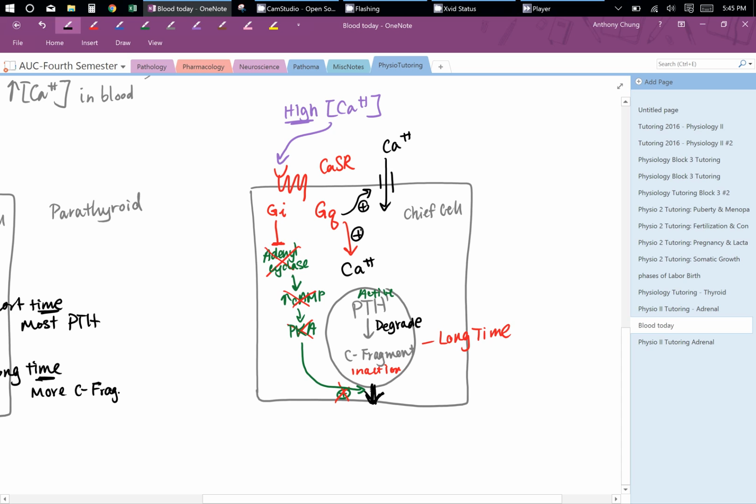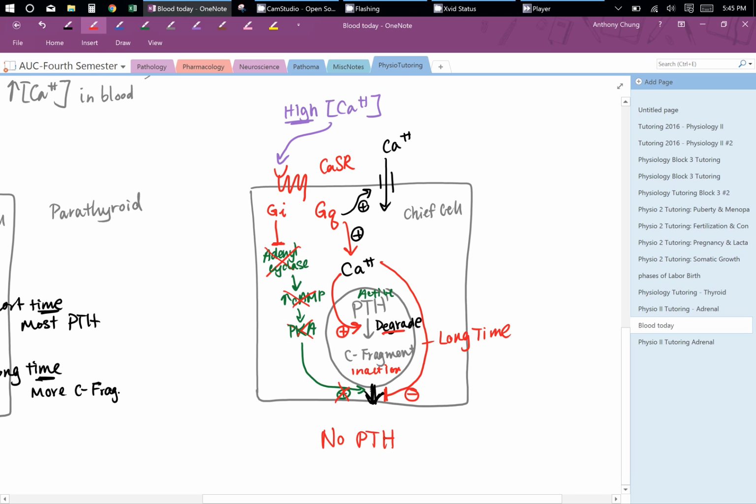And calcium will actually increase this process even further. So there will be more degradation, and calcium is going to further inhibit the release of the vesicle. So under a high calcium situation, you won't have much PTH release. So essentially no PTH when there's a lot of calcium.